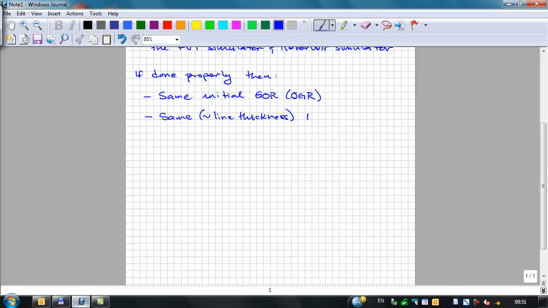The same recovery factor of both oil, which I'll write like that, surface oil, as a function of pressure, and surface gas as a function of pressure, for a depletion.